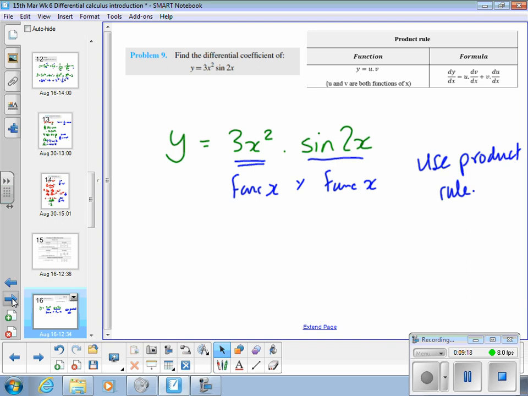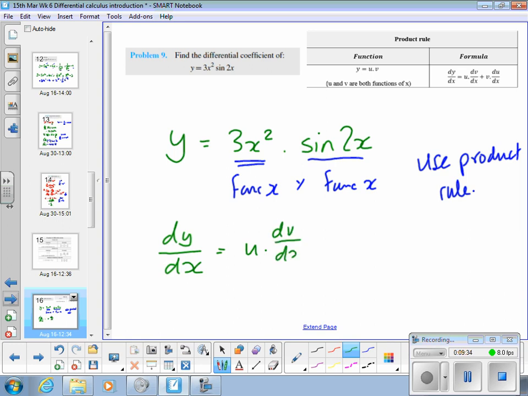Product rule says dy by dx is equal to u times dv by dx plus v times du by dx.